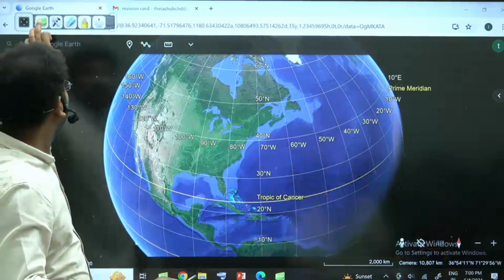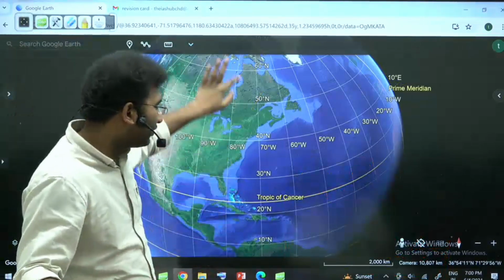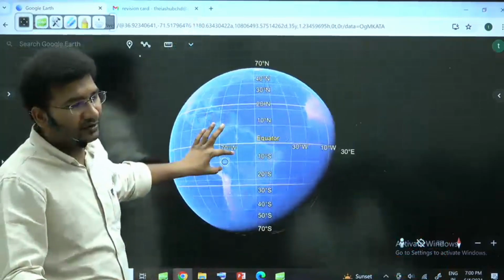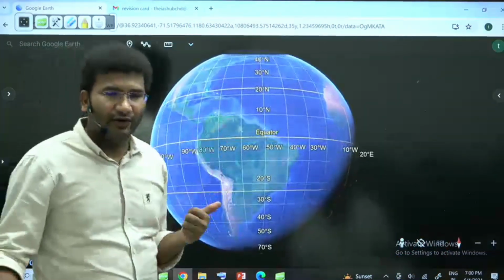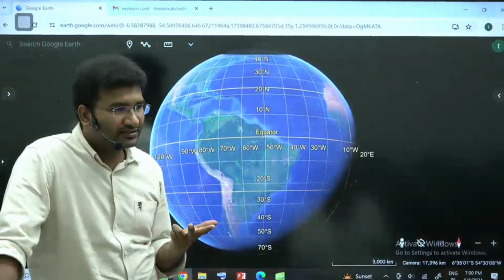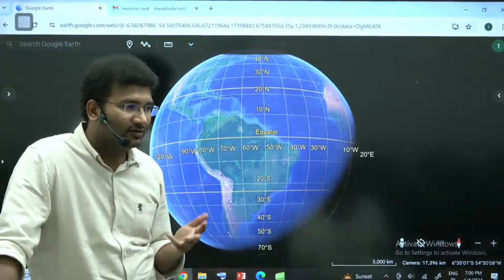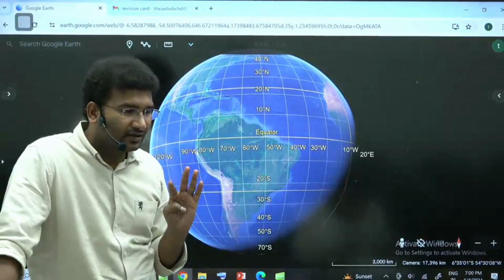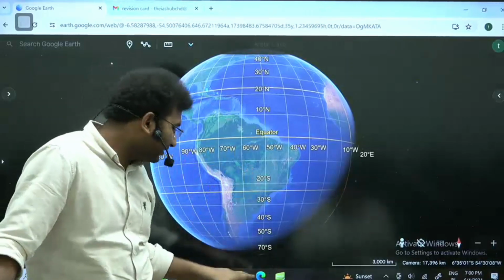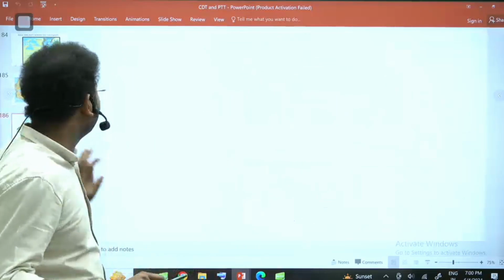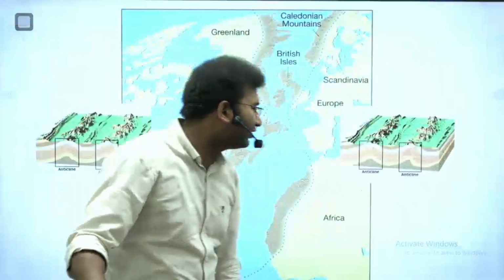Number 1, the first evidence is jigsaw fitting of the continent of South America with that of Africa. And second evidence is the fossils, Glossopteris, Cynoganthus, Mesosaurus, and Lystrosaurus. 4, 1 flowering plant and other 3 species. Third one is the mountains. Now what is the name of these mountains? One is Hercynian mountains and Caledonian mountains.